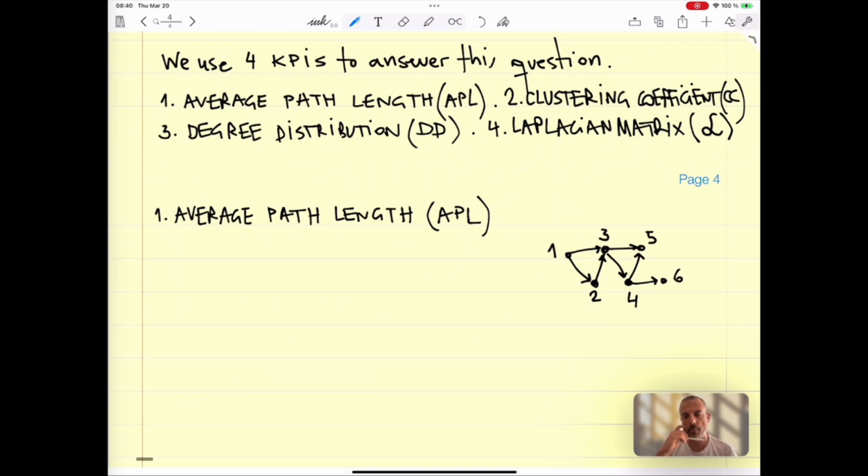Okay, so the average path length is the average distance or steps between the nodes along the graph. A step is when you cannot go from 1 to 4 in this network straight. You need to go through the edges: 1, 2, 3, or 1, 2, okay? This is intuitive.